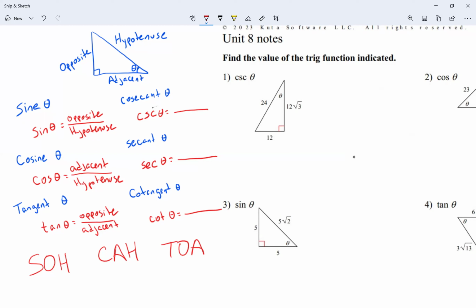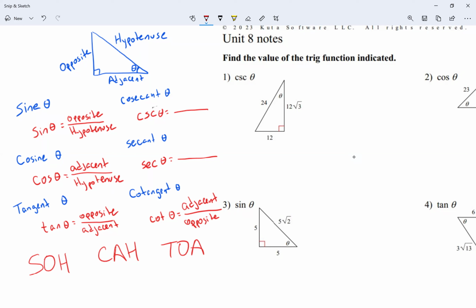Let me say that again. Cotangent is going to be the reciprocal of tangent. I remember back in algebra, we talked about reciprocal. That's when you flip a fraction. So cotangent of theta is going to be adjacent over opposite. See how tangent and cotangent are reciprocals of each other.